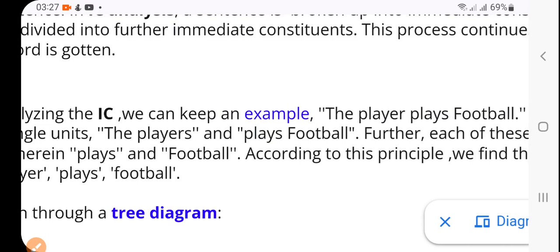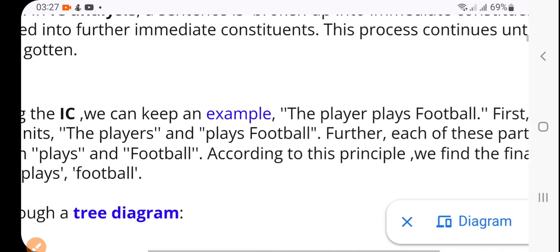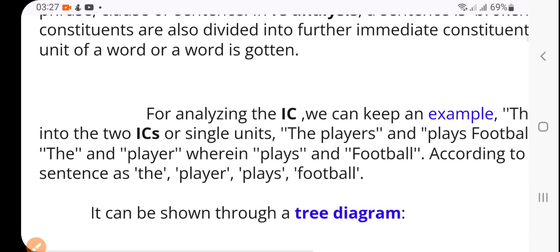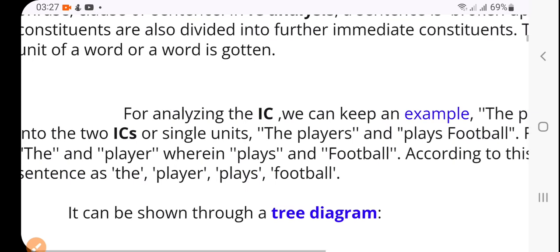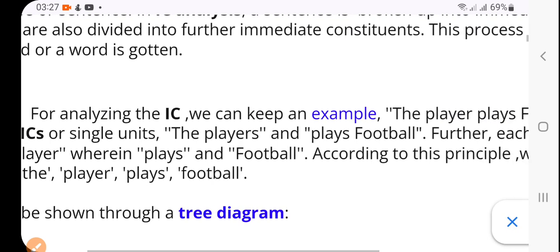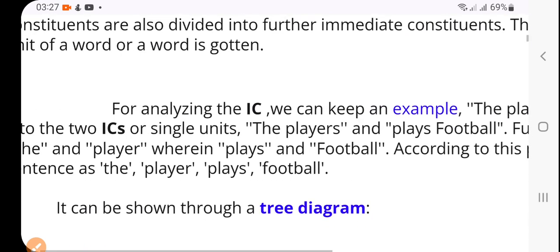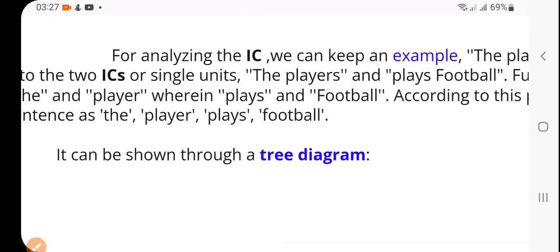So a divided constituent is again divided into immediate constituents, and this process continues until a meaningful unit, a word, is reached. So ultimately it ends with the words. This process ends with the word. When we reach the word, then this analysis is done.